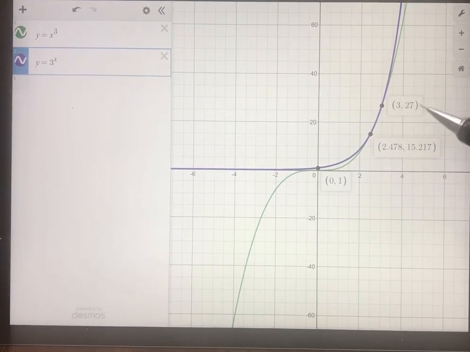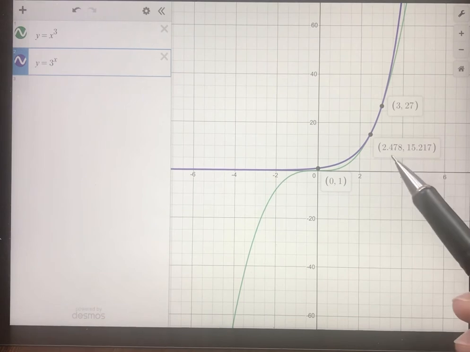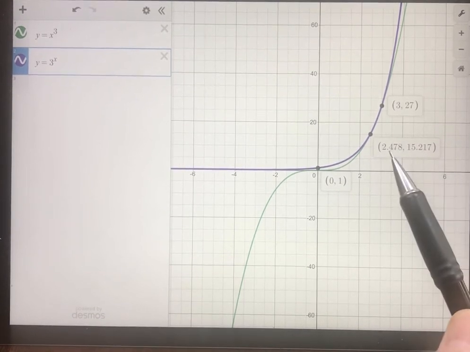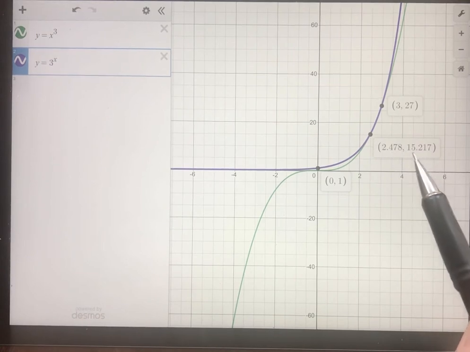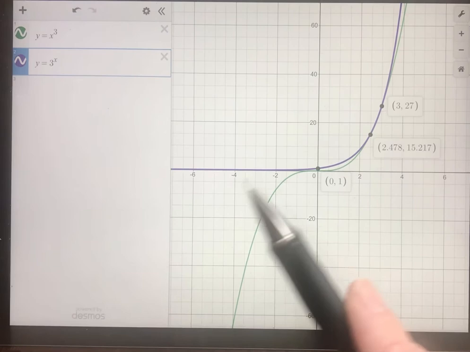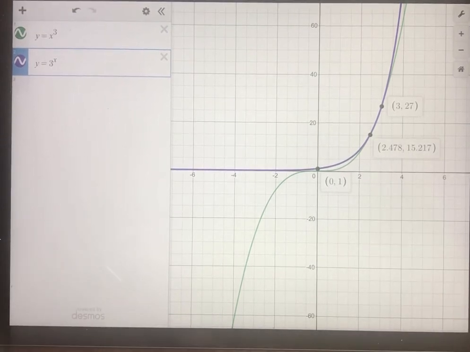One is a nice integer answer, (3, 27). The other one looks like Desmos is probably giving us an approximation to the thousandths place, somewhere around (2.5, 15) approximately, is also where these two graphs intersect. So they intersect at two locations.